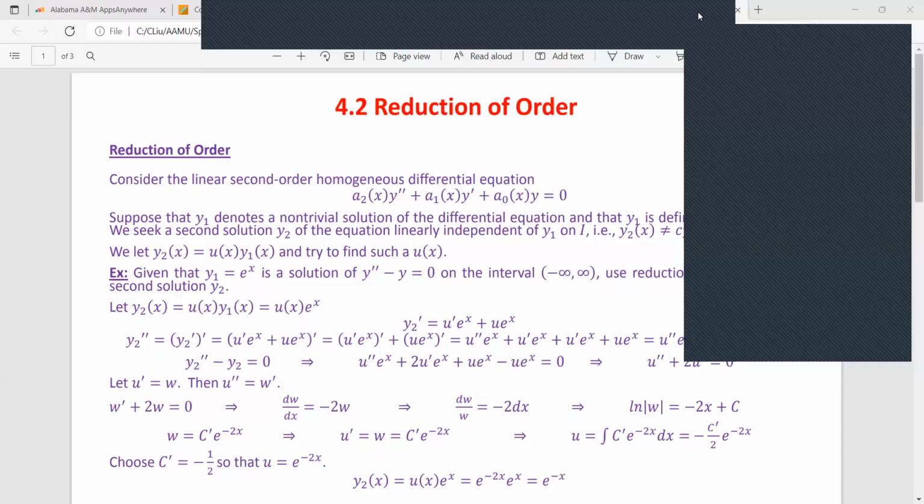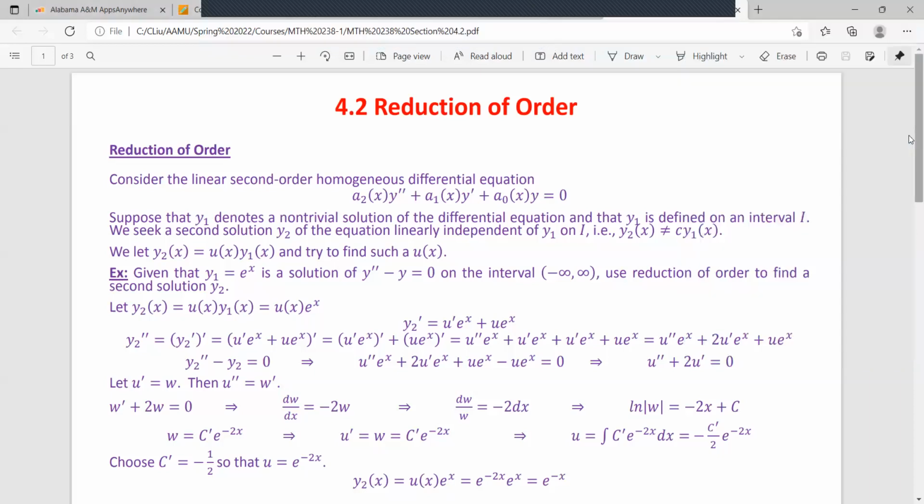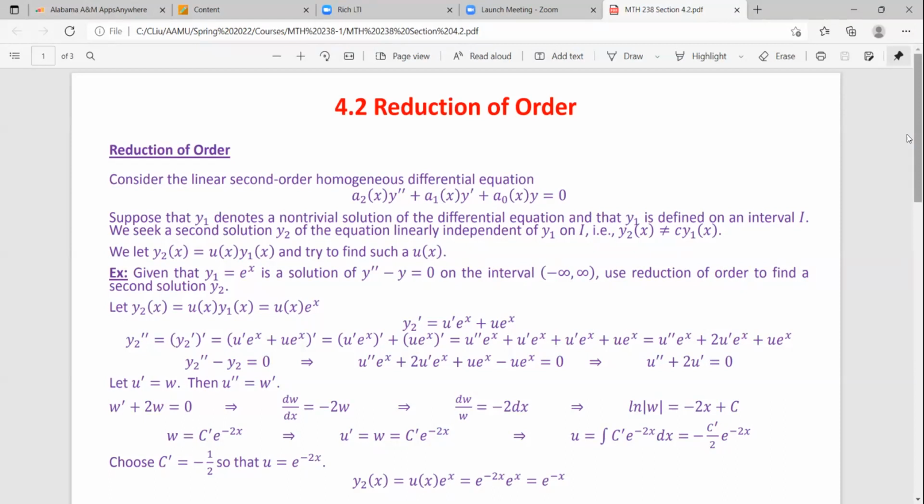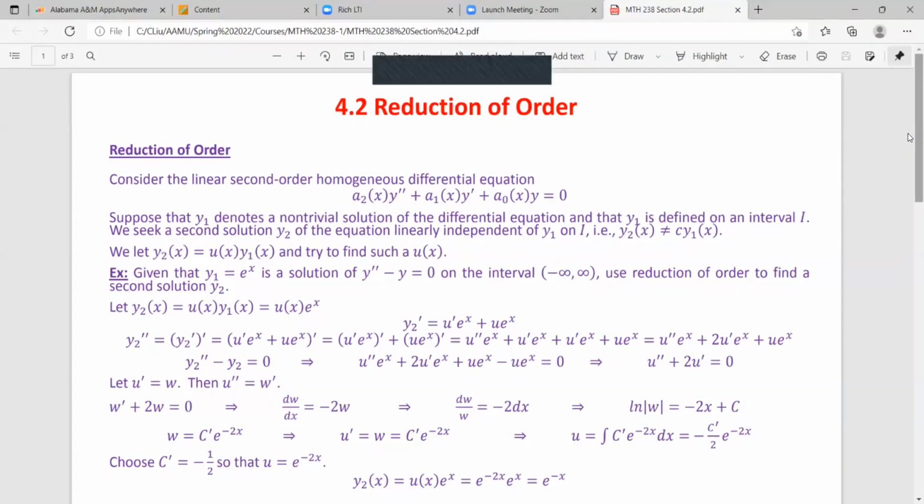Okay, so today we're going to start 4.2, reduction of order. In section 4.1, we discussed some general results and theorems about how to solve differential equations in general.